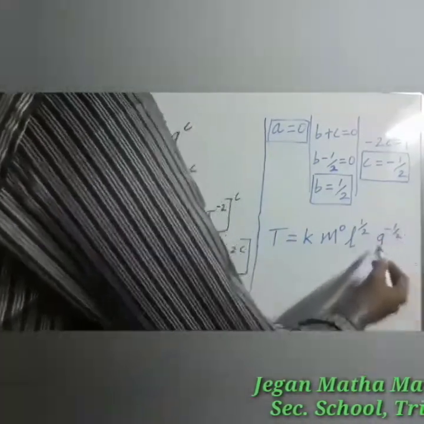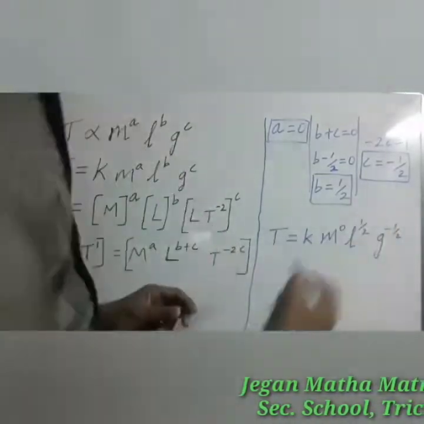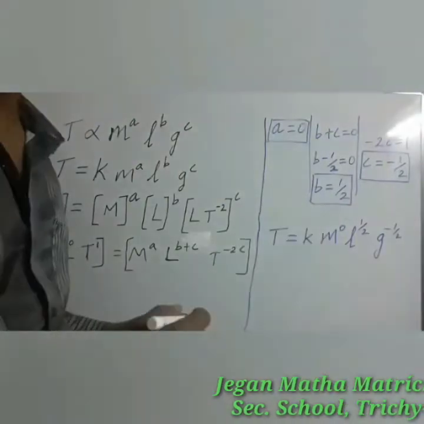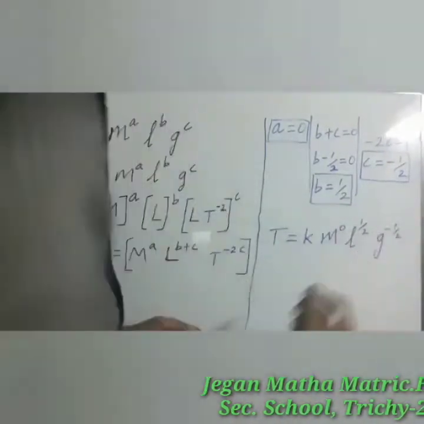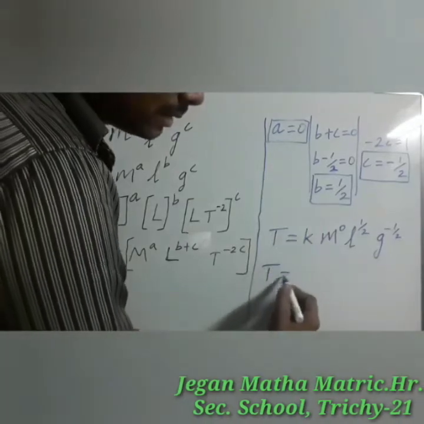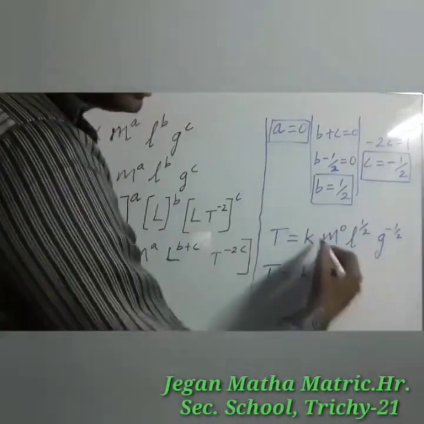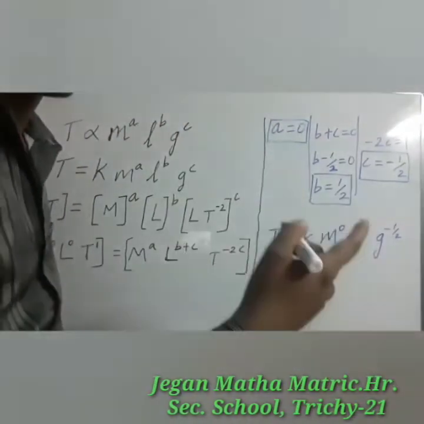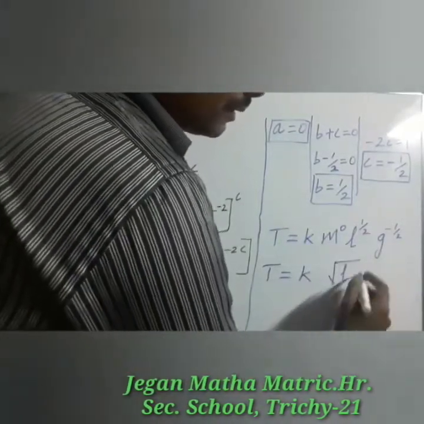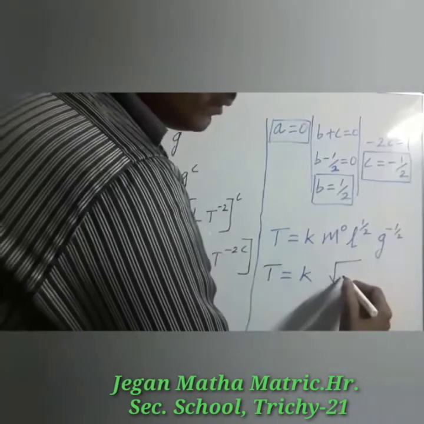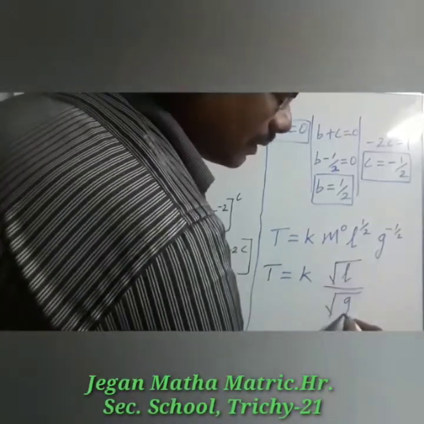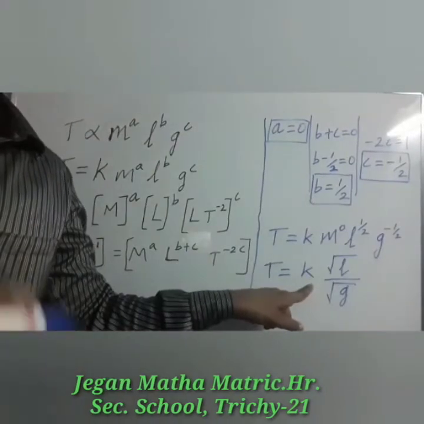Here watch it carefully. G power minus 1 by 2. For 1 by 2 you have to take the square root of G. The power minus is also there, that has to be taken to the denominator. So it can be written as T is equal to k, no need to write this one, I already told that it is equal to 1, so root of L by root of G. Of k, the question itself gives the value.